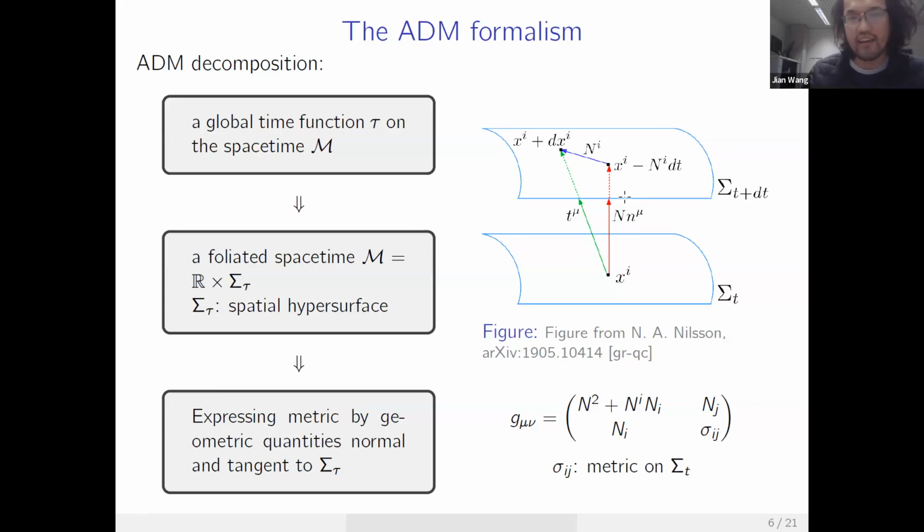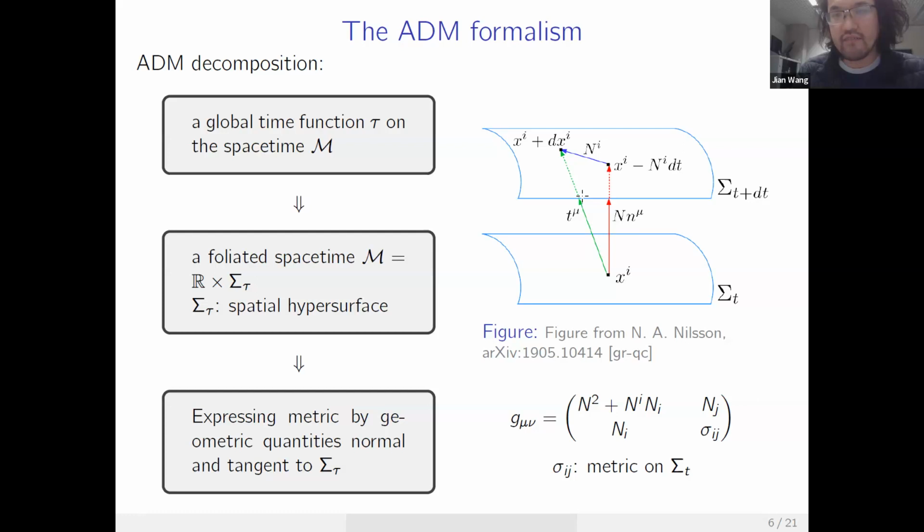We can illustrate this idea by this very nice figure from this paper. Here we have two spatial hypersurfaces, and T here is the vector generated by the global time function.